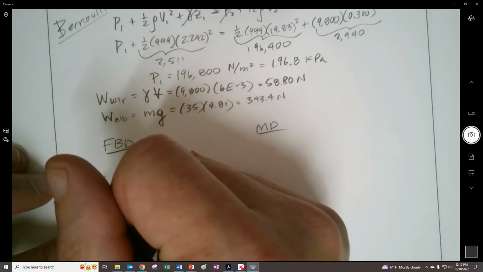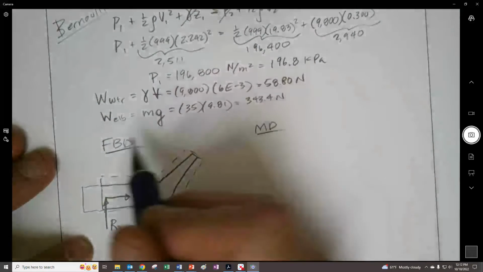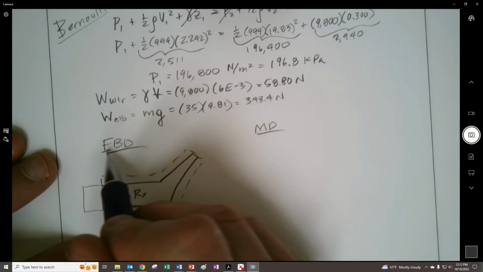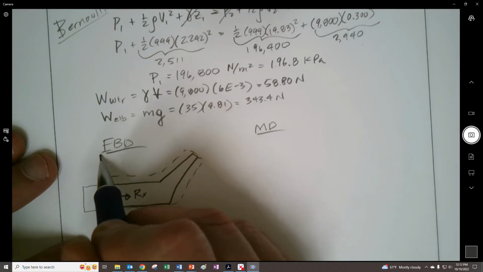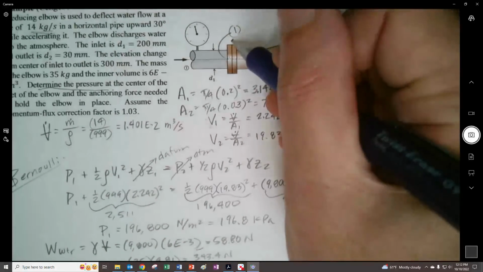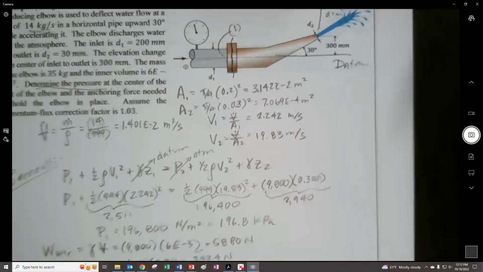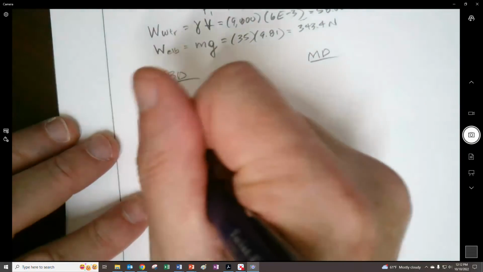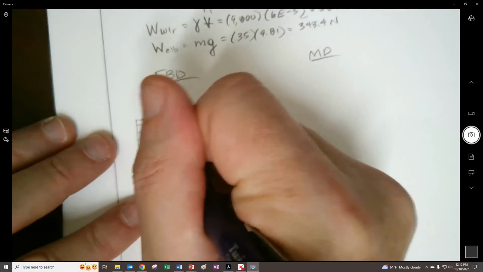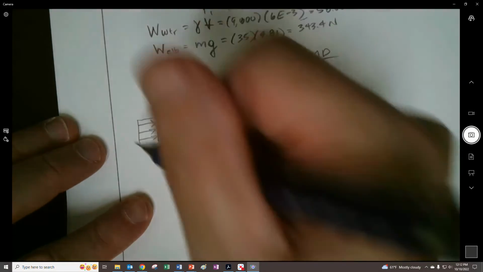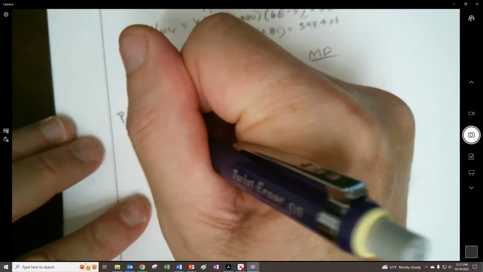Over here, because we drew an FBD, and the most important word in the FBD is the F, right? So the free of the free body, we had to cut it right here to make the thing free, and by doing so, there's actually the pressure inside the pipe acting onto this. So the force is going to be P1 times A1.